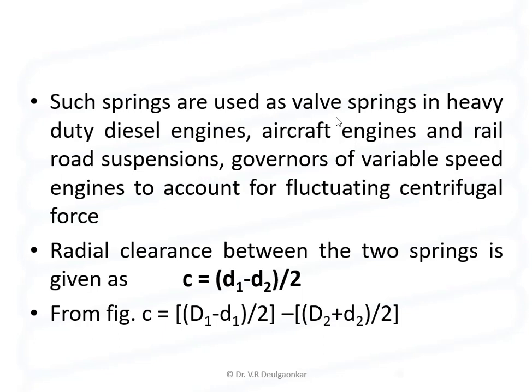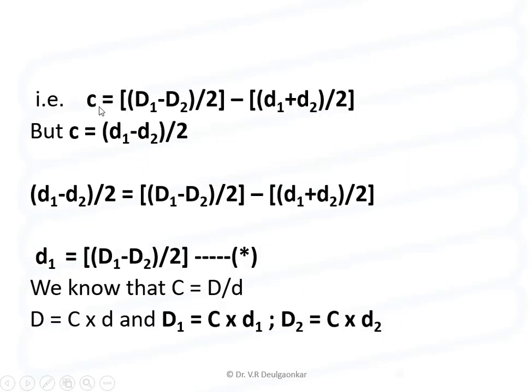Now we will see the relations, that is the dimensional analysis. Radial clearance between the two springs is given as C equals (D1 minus d2) divided by 2. Referring to the figure, we simply substitute the relation: (D1 minus d1) divided by 2 minus (D2 plus d2) divided by 2. Rearranging, we get C equals (D1 minus D2) by 2 minus (d1 plus d2) by 2.